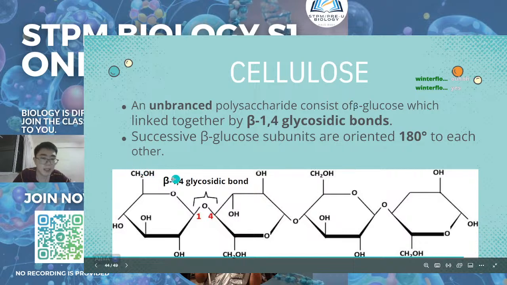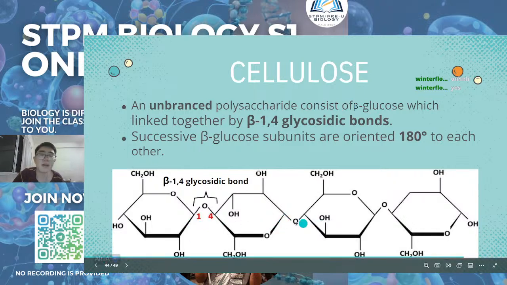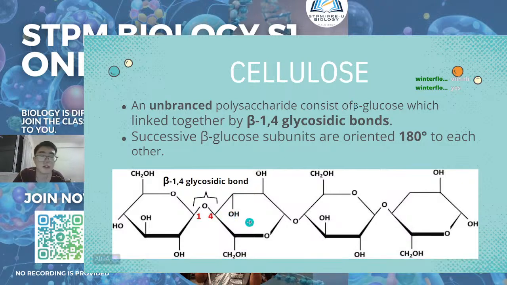It is really inverted, totally inverted. For alpha glucose it is not inverted, everything is the same. 1, 2, 3, 4. For alpha glucose 1, 2, 3, 4, 1, 2, 3, 4, everything is the same. But for cellulose, beta glucose is totally different.